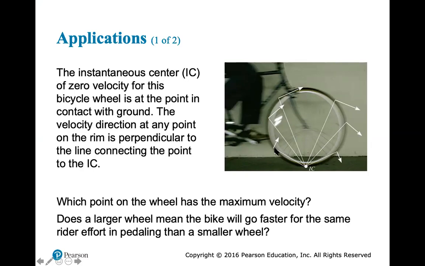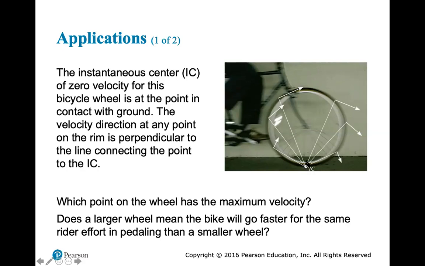And what we notice is, if you plotted the total velocity of each point, the velocity vectors are all perpendicular to what they call lines of action in the notes, which extend back to the contact point where the tire actually touches the ground.